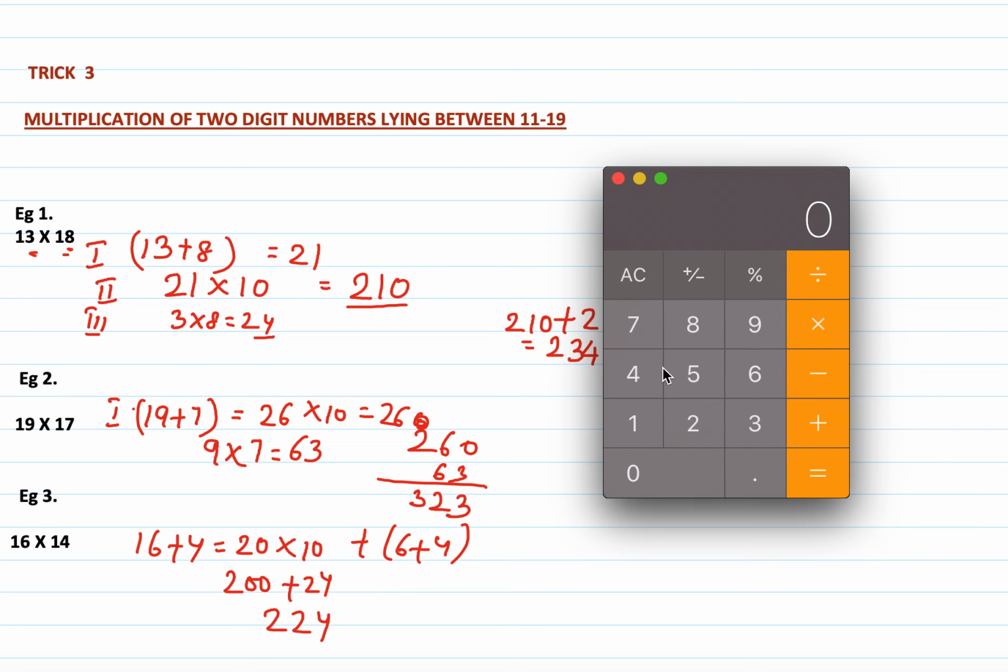So here 16 into 14, 224, correct answer. 19 into 17, I'm sorry, this is 17. 19 into 17, 323.